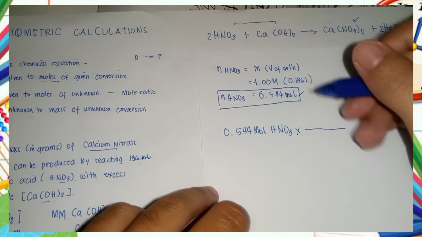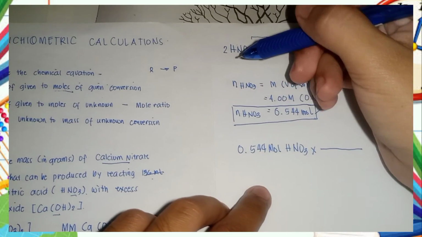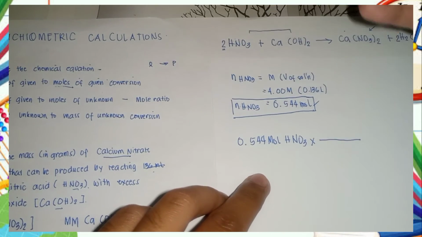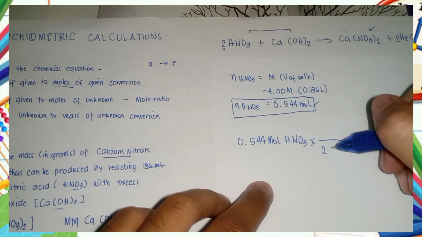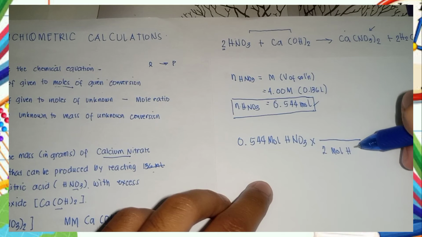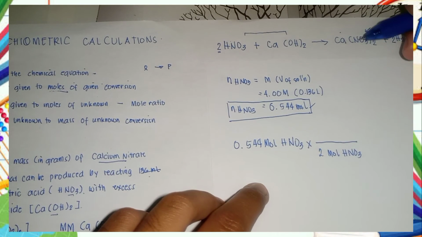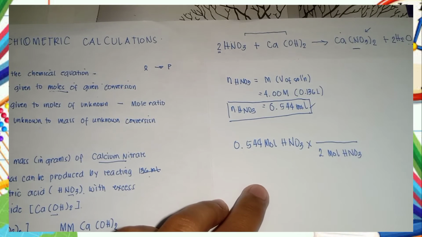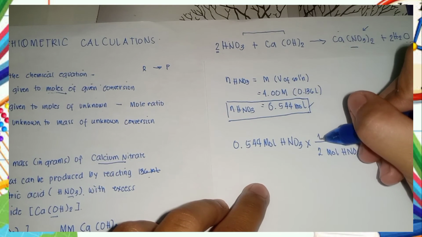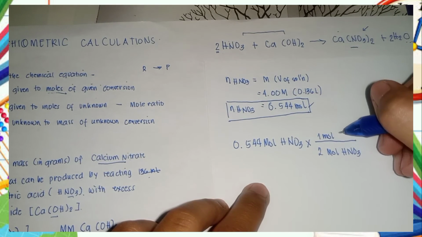For every 2 moles of HNO3, we have 1 mole of calcium nitrate.